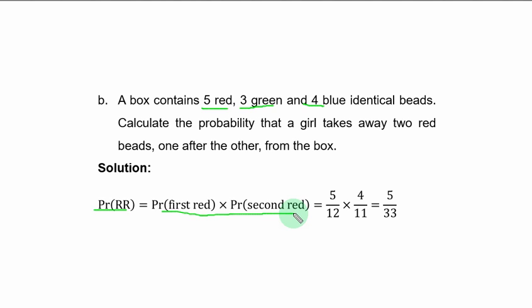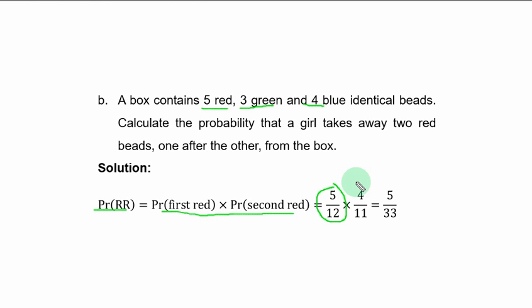So before the first drawing, you have 5 red beads over the total of 12. Now, before the second red is drawn, it is assumed that no replacement was done. So the total of red has reduced to 4 because 1 has been removed, and 12 has become 11.